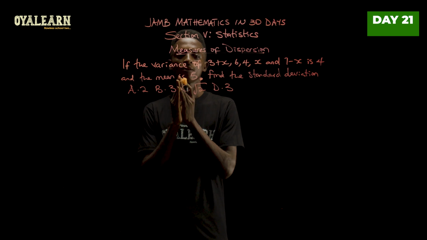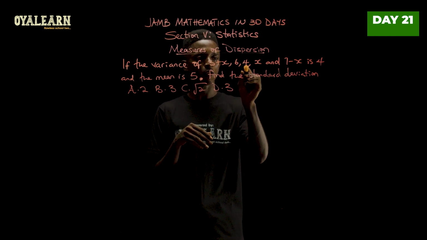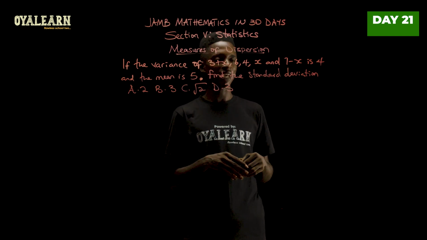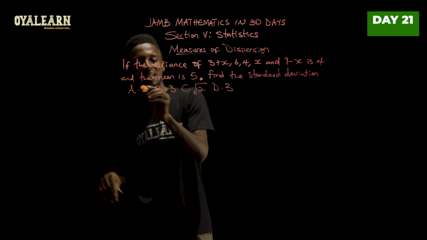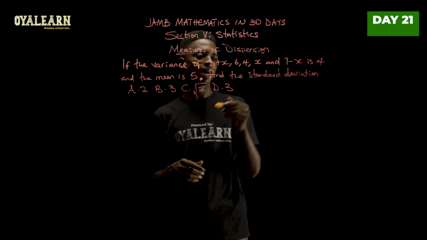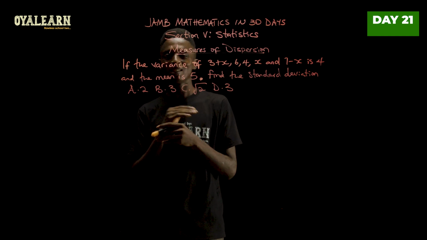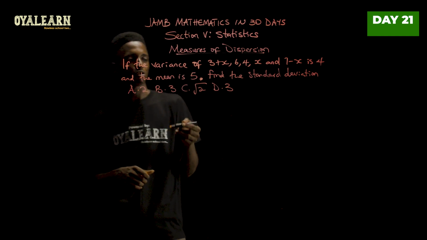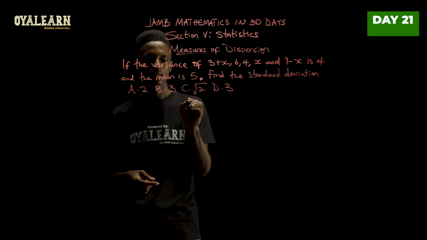This question says the variance of this set of data where we have x plus 3, 6, 4, x, and 7 minus x is 4. So we have the variance, and then we are also told that the mean is 5. Now we are asked to find the standard deviation. Now there are two ways to go by this. The easiest and fastest way is to just apply that standard deviation is the square root of variance.